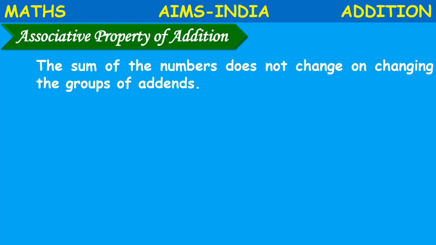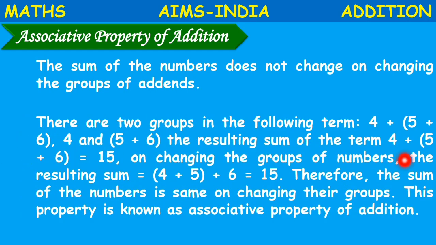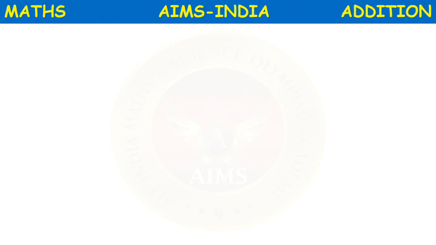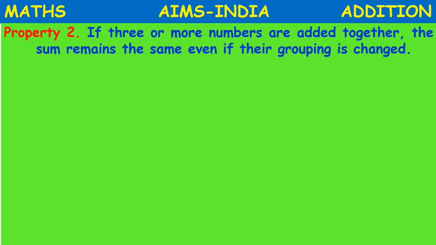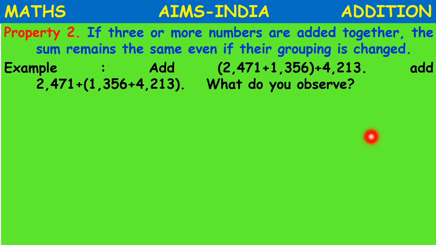This property is known as associative property of addition. Clear children? We learnt about commutative and associative properties of addition. Moving on, if three or more numbers are added together, the sum remains the same even if their grouping is changed. Yes, this is what we learnt about the associative property.